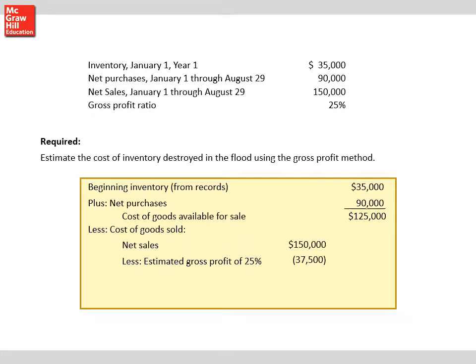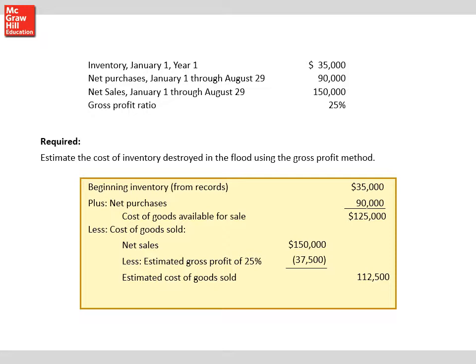So, if the sales are $150,000 and your profit left over after subtracting cost of goods sold is $37,500, the cost of goods that were sold, $112,500. So the cost of everything you could have sold was $125,000.